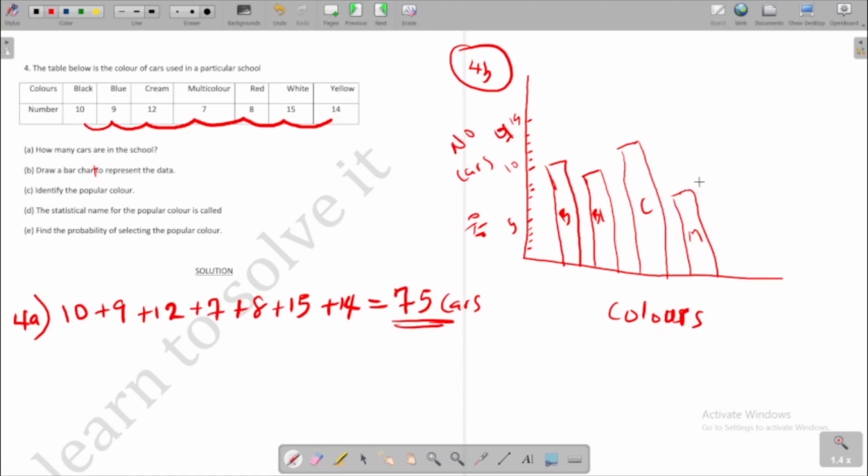Those using red, they are 8. So these are 8. Not mind the bar, how best they are. Now you have the red. The white, 15.